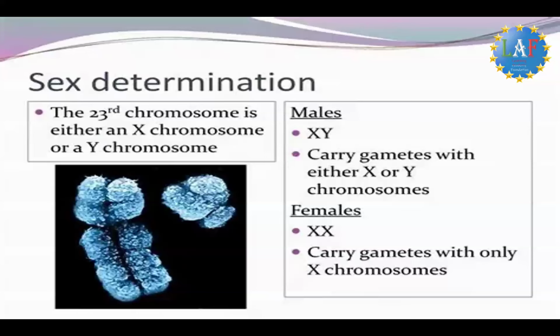So, the 23rd chromosome is either an X chromosome or a Y chromosome. The females carry XX chromosomes, so carry gametes with only X chromosomes, while the males carry XY chromosomes, so they carry gametes with either X or Y chromosomes.